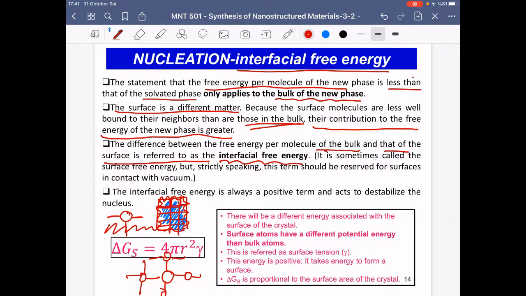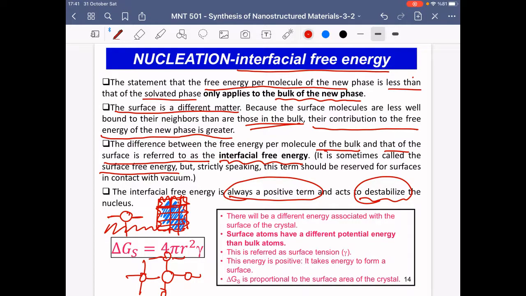It's also called surface free energy, but strictly speaking, this term should be reserved for surfaces in contact with vacuum. So surface free energy, interfacial free energy, that's like the boundary layer between your liquid and solid phases, for example. And the interfacial free energy is always a positive term and acts to destabilize the nucleus.